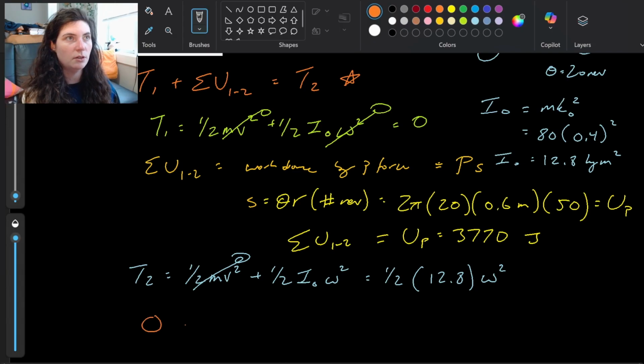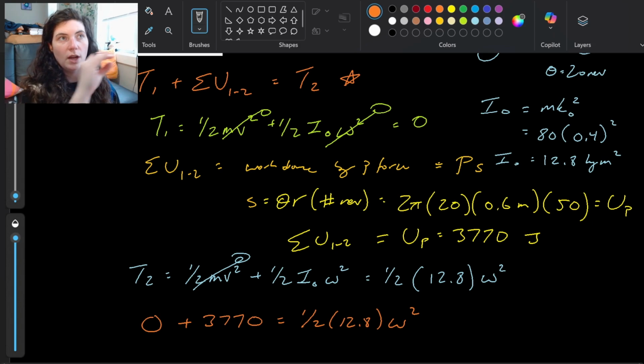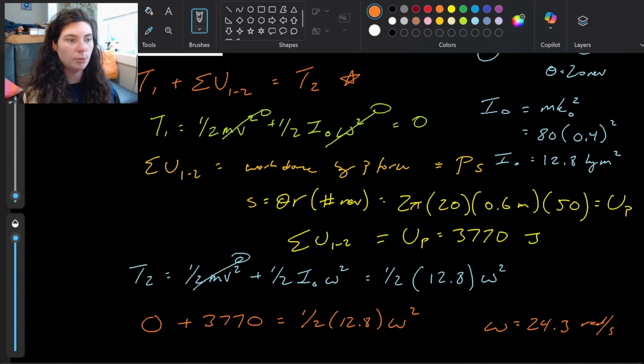We're going to have 0 plus the work, which was 3,770, equals 1/2 times 12.8 times omega squared. Just very basic, not any other equations that we need to solve for. We can just set up the one single equation here and get that our omega is 24.3 radians per second.